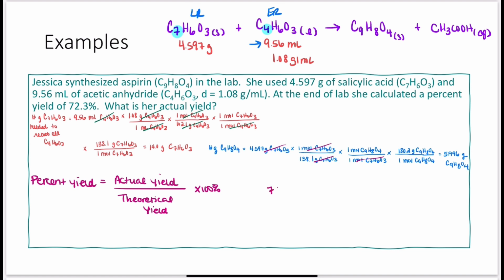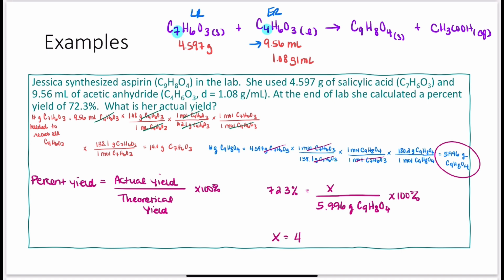We're told her percent yield is 72.3%. This equals what we're trying to solve, which is her actual yield over her theoretical. Again, your theoretical is what you've just calculated. Theoretically, you can make this much. So 5.996 grams C9H8O4 times 100%.